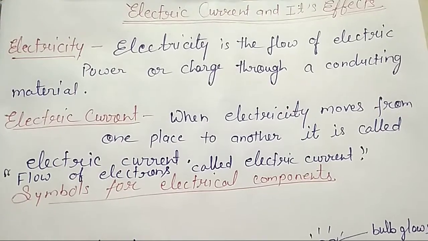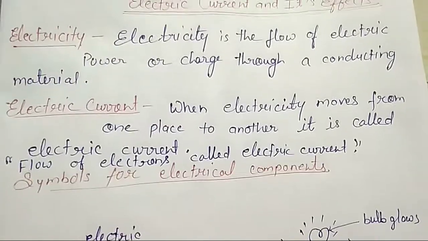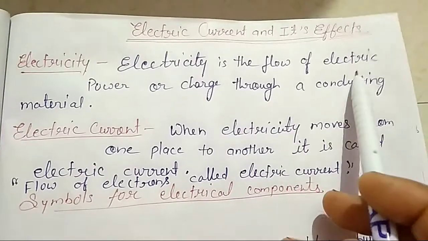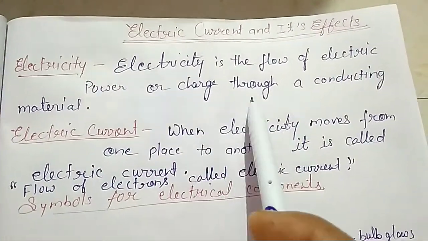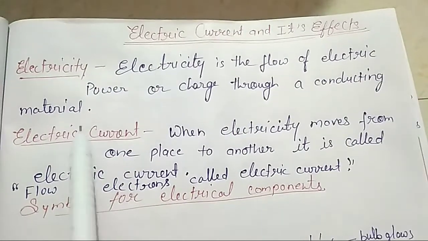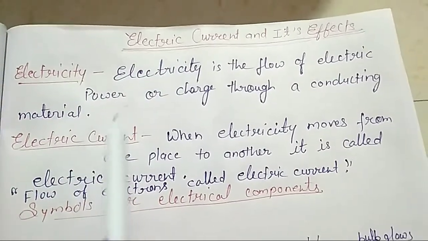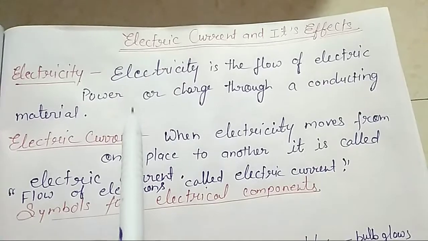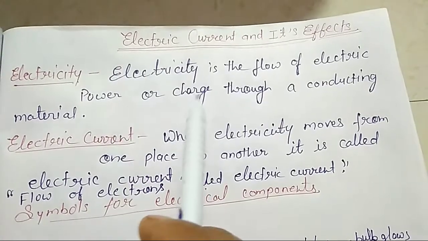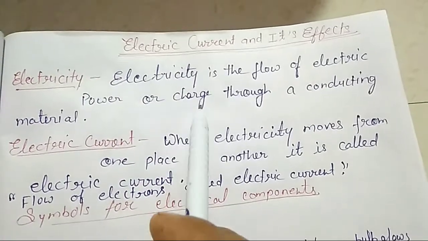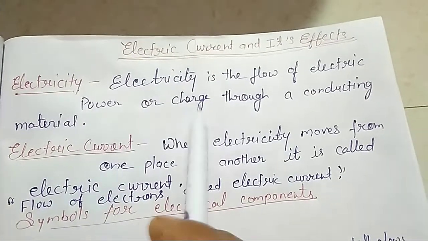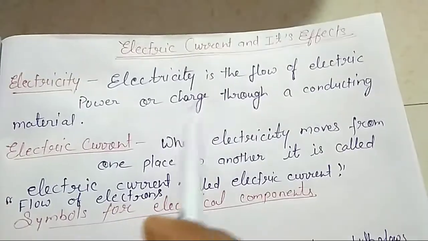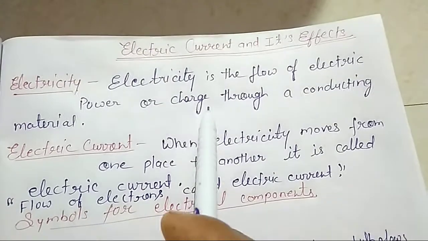As you can see here, electricity is the flow of electric power or charge through a conducting material, that is known as electricity. Actually, charges are known as electric current, and when they flow, that is known as electricity.